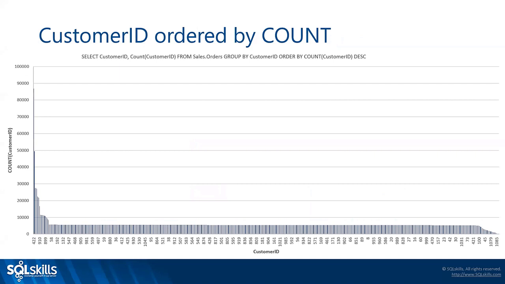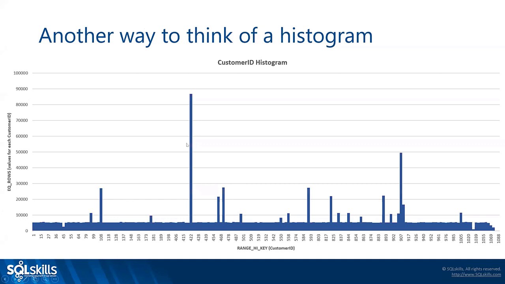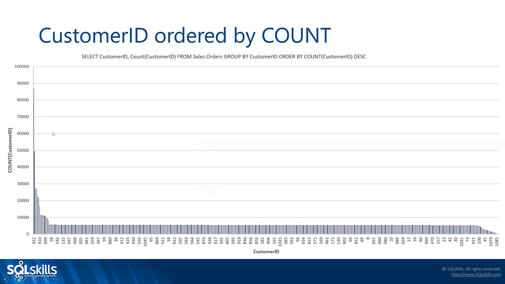Select the customer ID, the count from sales order, group by that customer ID, and then order by count descending. So when we look, I'm going to go back for a sec here. When we look here, I can see that there's definitely some skew in my data. I even see it a little bit better here, as that kind of tapers off.